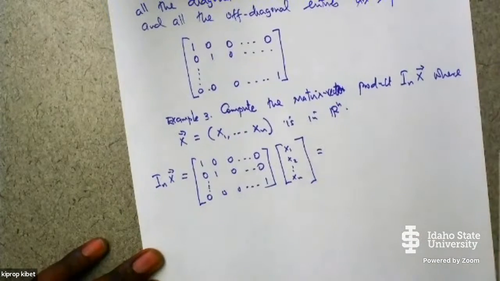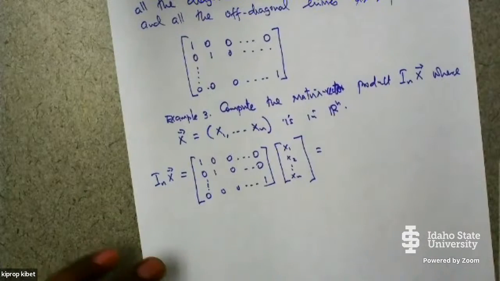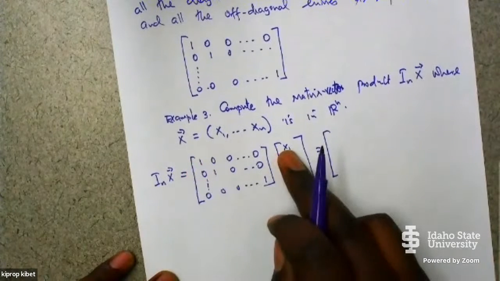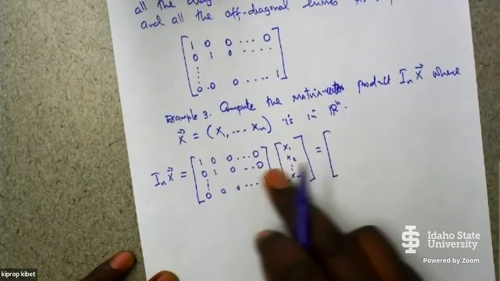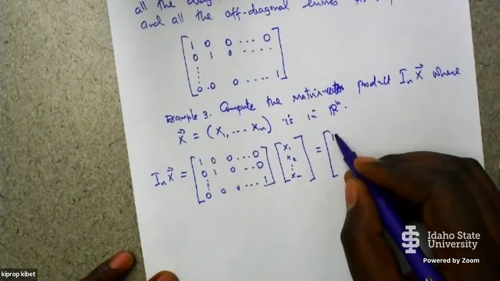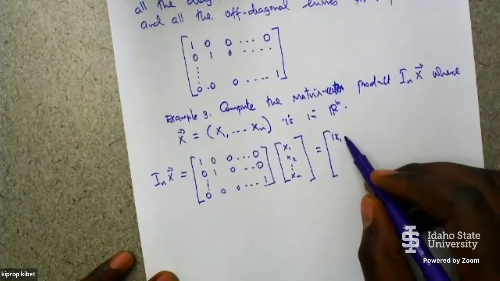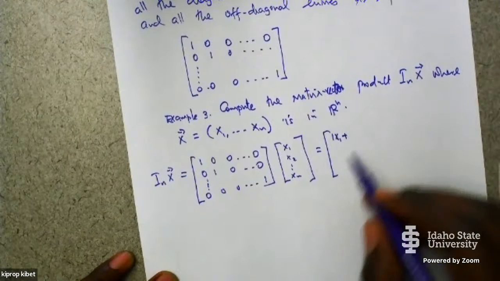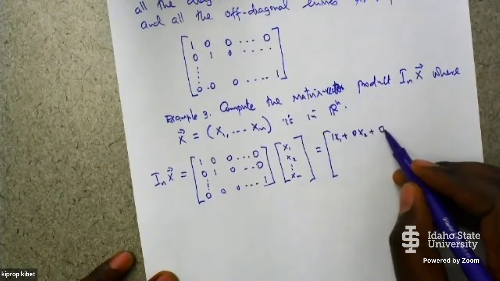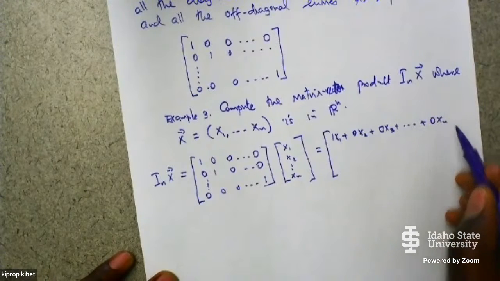Then the product which we get is: the first entry will be 1 times x1 plus 0 x2 plus 0 x3 plus 0 xn.